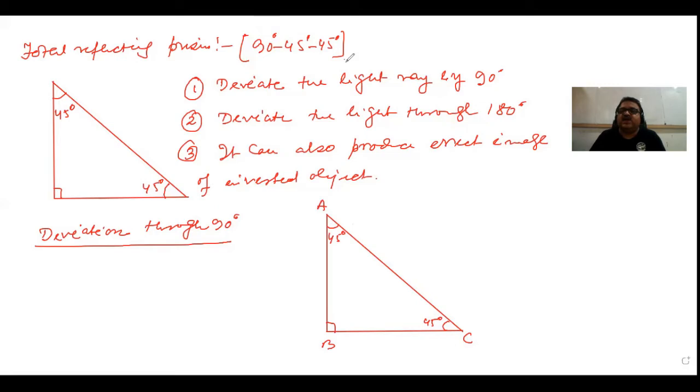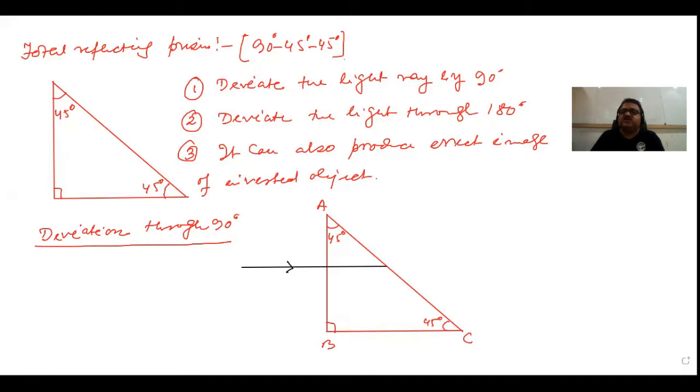Now, if a ray of light falls perpendicular to the surface AB, like this. Before going to do anything further, I want to show you something which is very, very important.